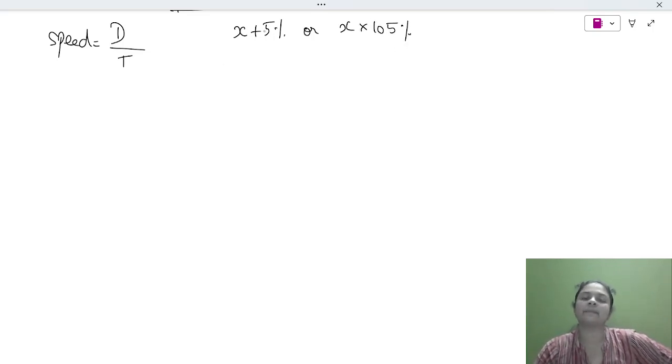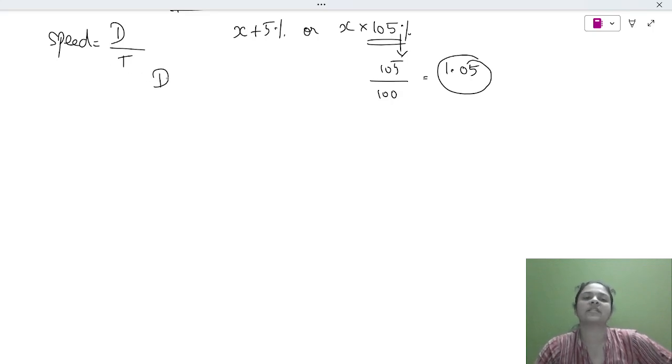So whenever it is a percentage increase, you will add it with 100. 105%, which can be written as 105 divided by 100, or 1.05. So distance into 1.05.